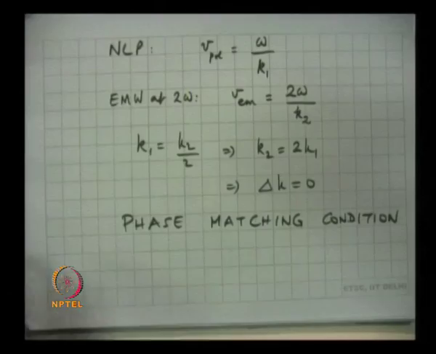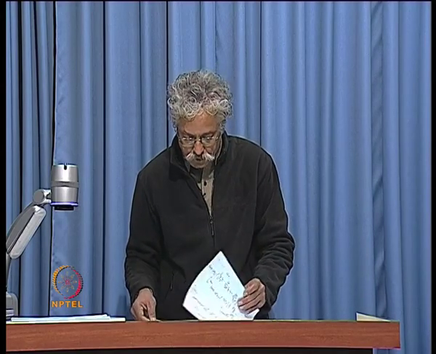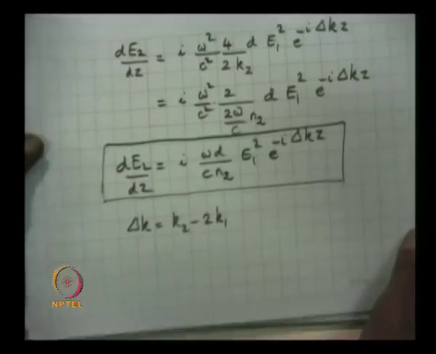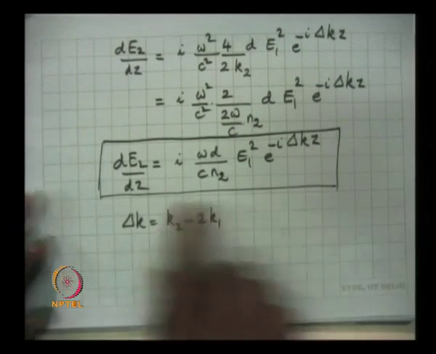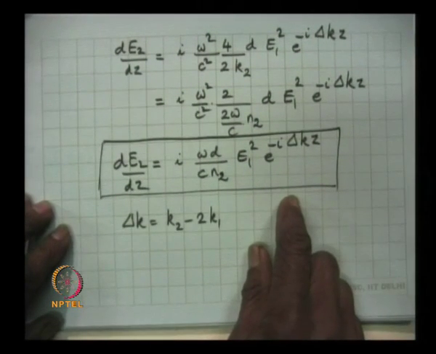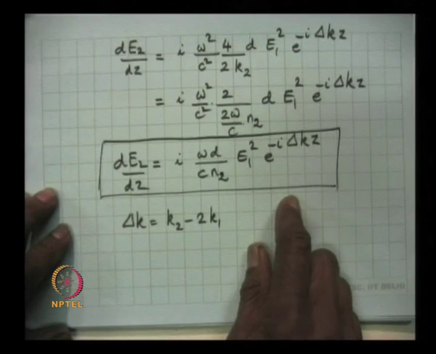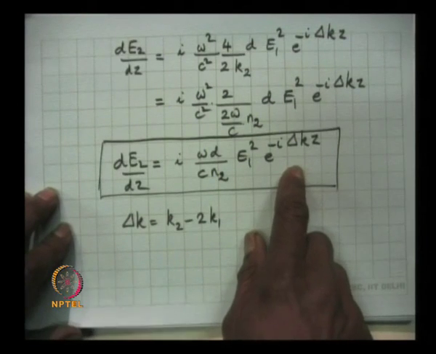So, we will discuss this phase matching condition in a little more detail. In the next class, we will solve this equation when delta k is not equal to 0, and I will show you that for maximum conversion, for maximum efficiency, delta k must be 0.